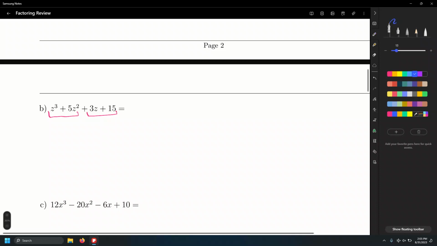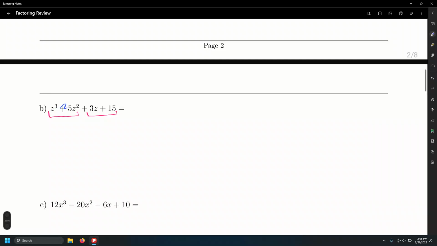What would be the GCF in the first group between z cubed and plus 5z squared? Z squared. So factor out z squared times z plus 5.